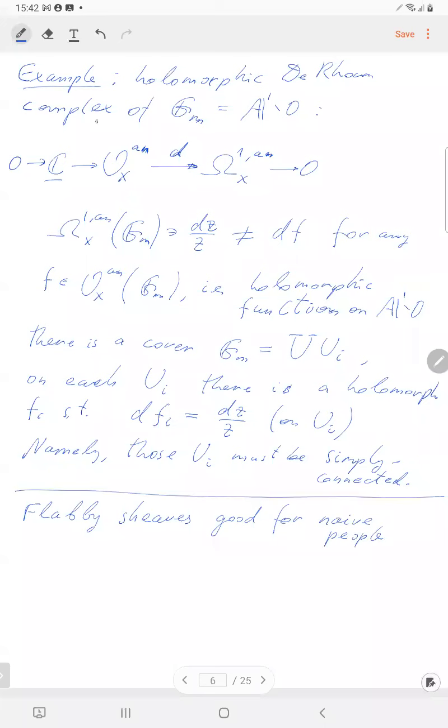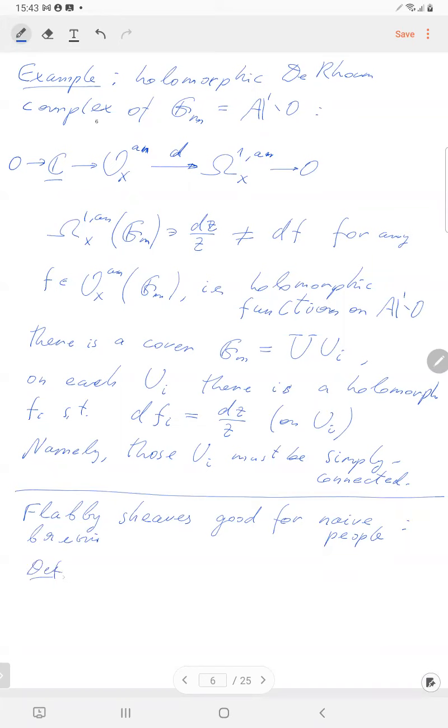Russian translation of flabby? Yeah, that's the question. It's "valley." Okay. So by the way, if you open this book of Hartshorne in Russian translation, there you will see "вялые пучки" and many other things.